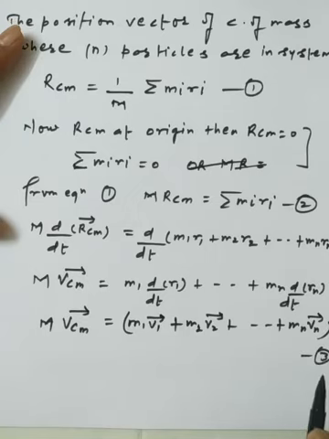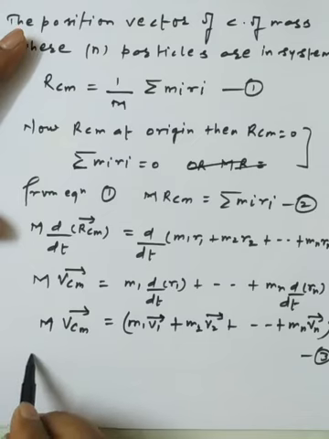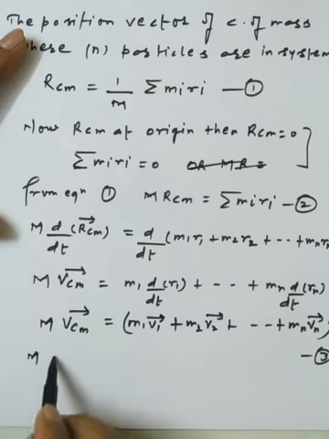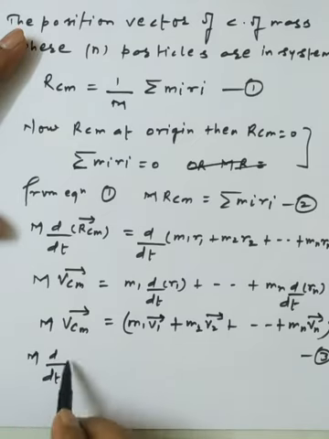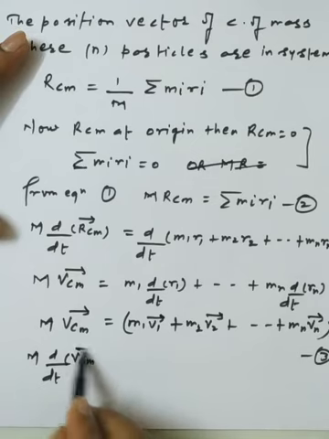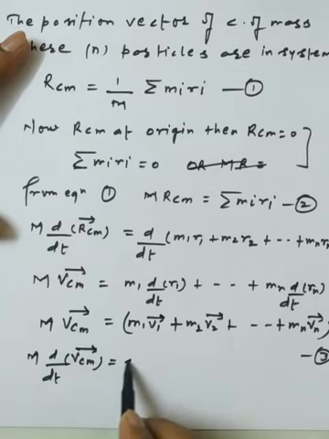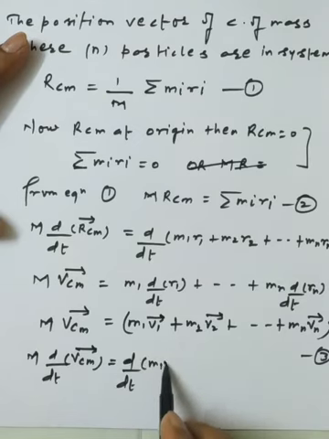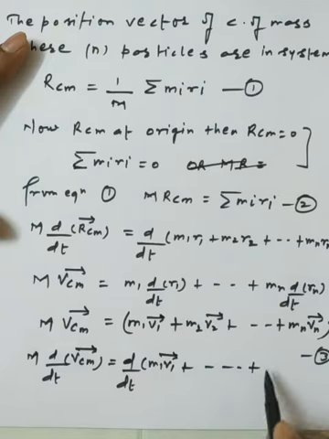Further, we are multiplying by the d/dt operation in the term. Now M d/dt of v_CM is d/dt of m1 v1 plus and so on plus mn vn.